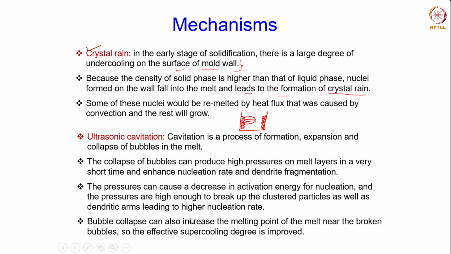Okay, so all these conditions created by the ultrasonication are actually conducive for grain refinement in various ways, either through a decrease in the activation energy or through an increase in the nucleation rate by having more heterogeneous nuclei in the form of these particles or the broken dendritic arms, or also in the form of a higher degree of supercooling.